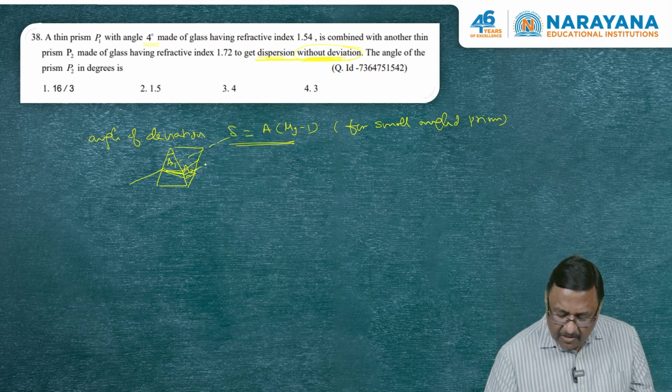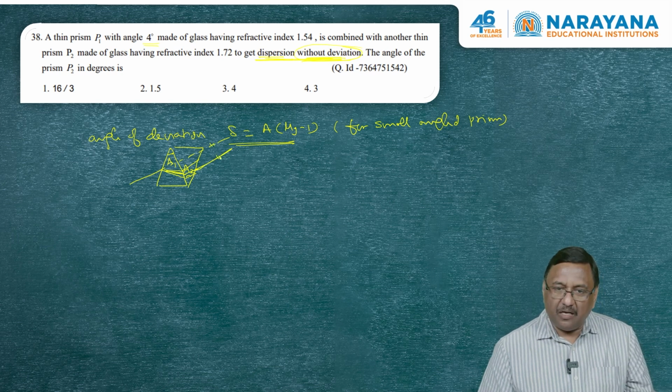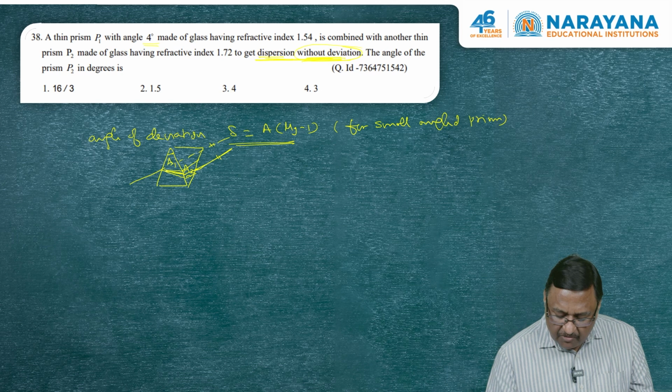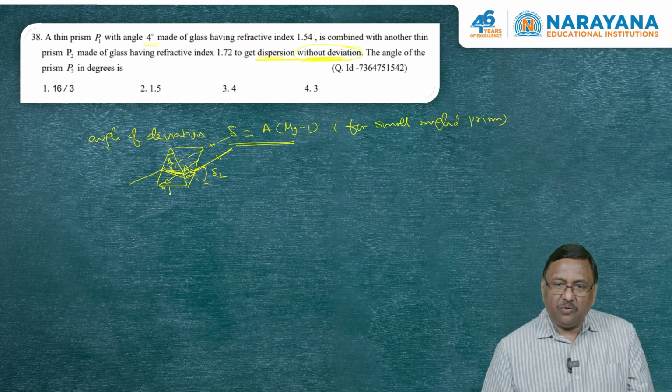If this ray is coming in this manner, then these two rays should definitely be parallel. If these two rays are parallel, that means there is one deviation in the downward sense with respect to this, and with respect to this there is another deviation. So I can call it delta 2, and I can call this my deviation number 1. You understand delta 1 and delta 2 are in opposite directions.